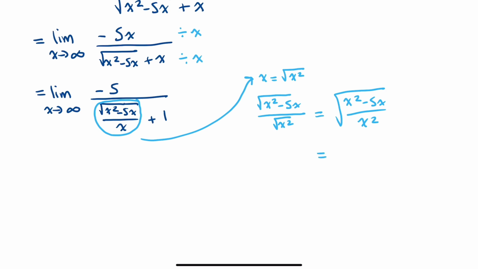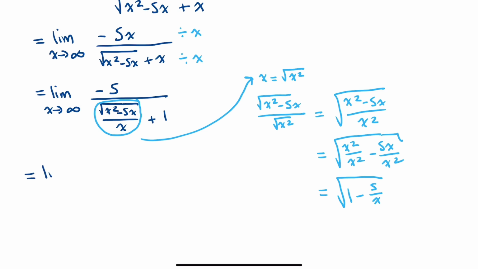And so I can now split this up into two different fractions, where I get x squared over x squared minus 5x over x squared. And so this is just going to leave me with 1 minus 5 over x. And this is perfect now, because if I plug in infinity, I'm no longer going to get an indeterminate form.